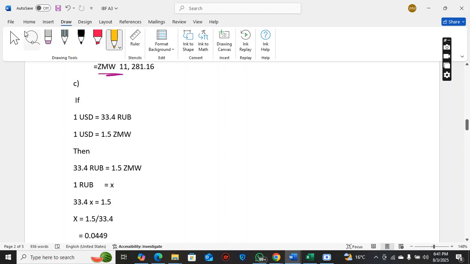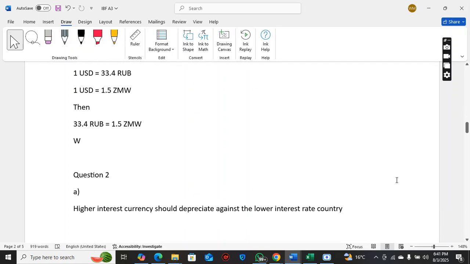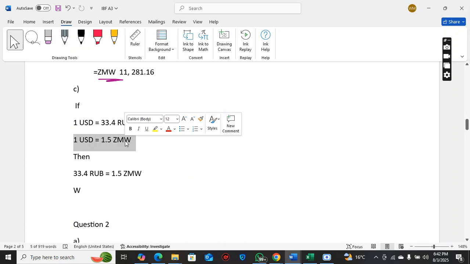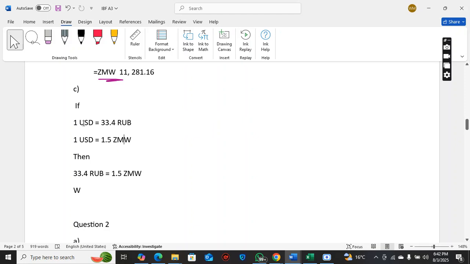So here I have to change it here. Yes. 1 USD equals 33.4 rubles and 1 USD equals 1.75 kwacha. Since we know that 1 USD equals 33.4 rubles, we can substitute this 33.4 rubles for this dollar in the second exchange rate.